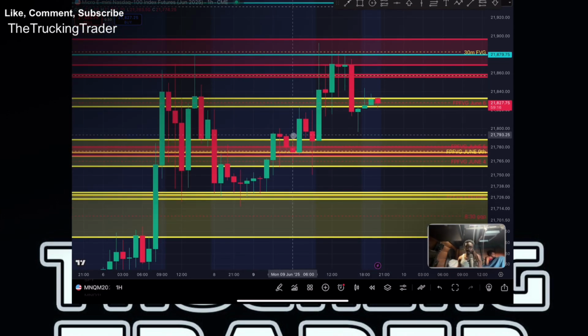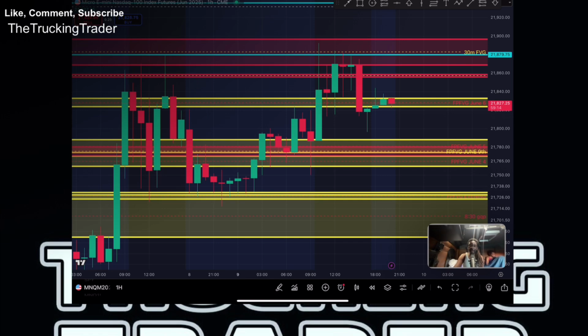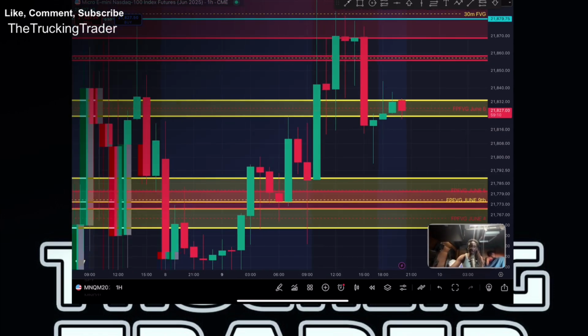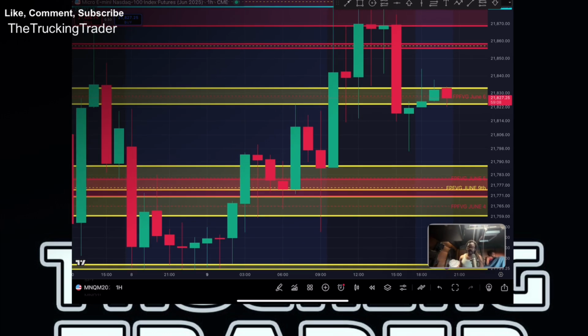So initially when the market opened, you guys, this is what I was looking for right here. I'm going to go through every trade idea that I had. When the market opened, as you can see on this 1 hour candle right here, it already started to come into this order block. I was anticipating it to move a little bit lower, but I was hoping it wasn't going to move too low.